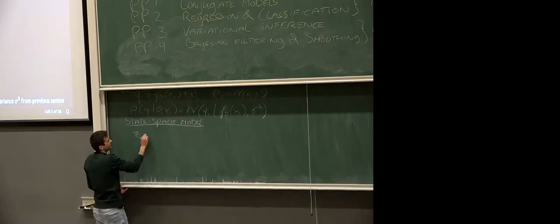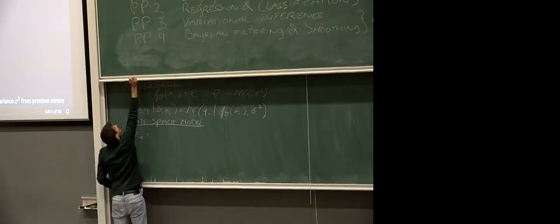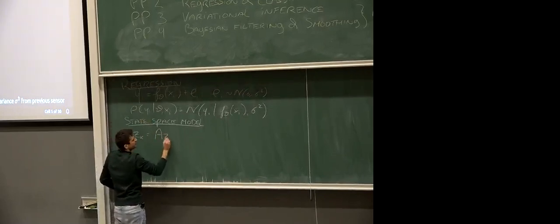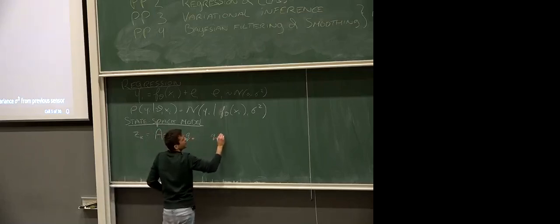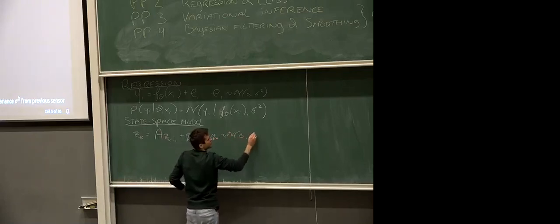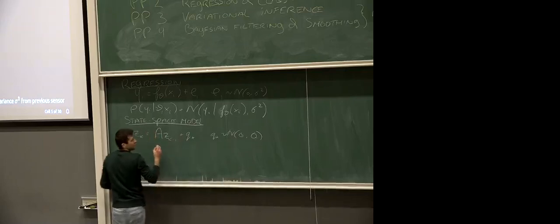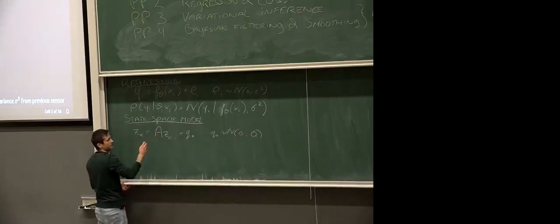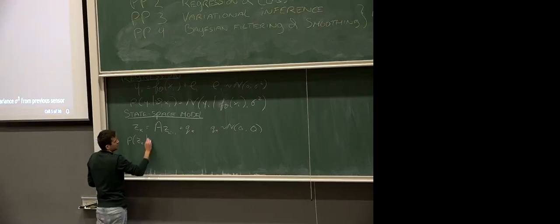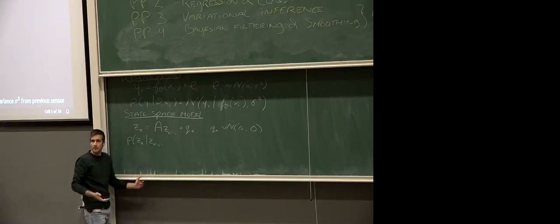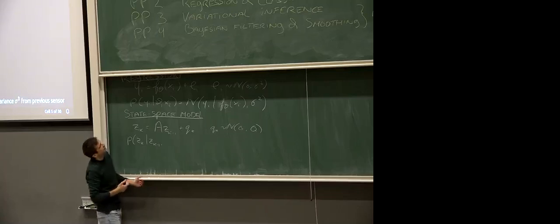So if I have some z_k, which is A times z_{k-1} plus q_k, where q_k is some Gaussian distribution centered at 0 with a covariance matrix of Q. Suppose I know this variable A. I know the mass of my building, I know the friction, I know the stiffness of the building.